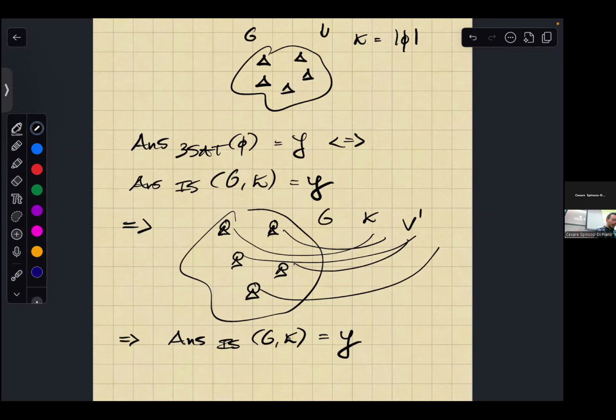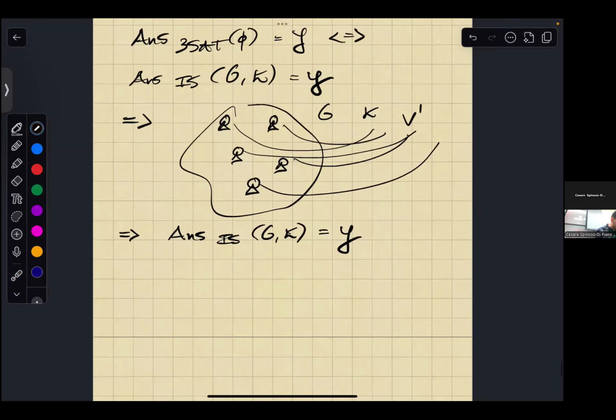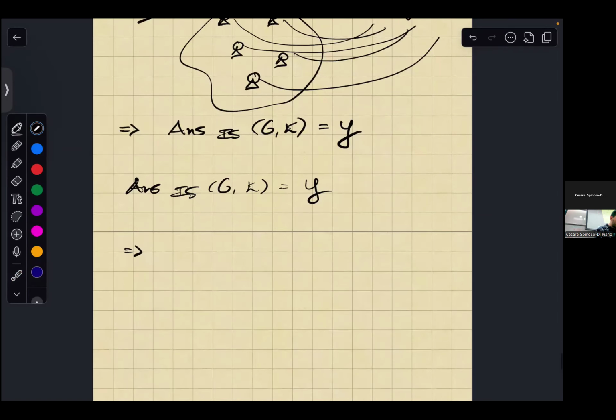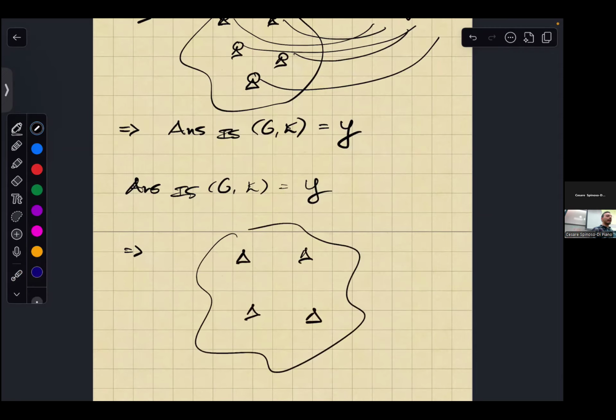It's not going to work that if I have an independent set, then I can use it as the solution to the 3-SAT problem. Why? Because if the answer to independent set is yes, there are multiple possible answers I could have. One of them could be that, in my triangles, the independent set contains x3 and not x3, with both of these vertices in the independent set. But this is not a valid solution for 3-SAT.